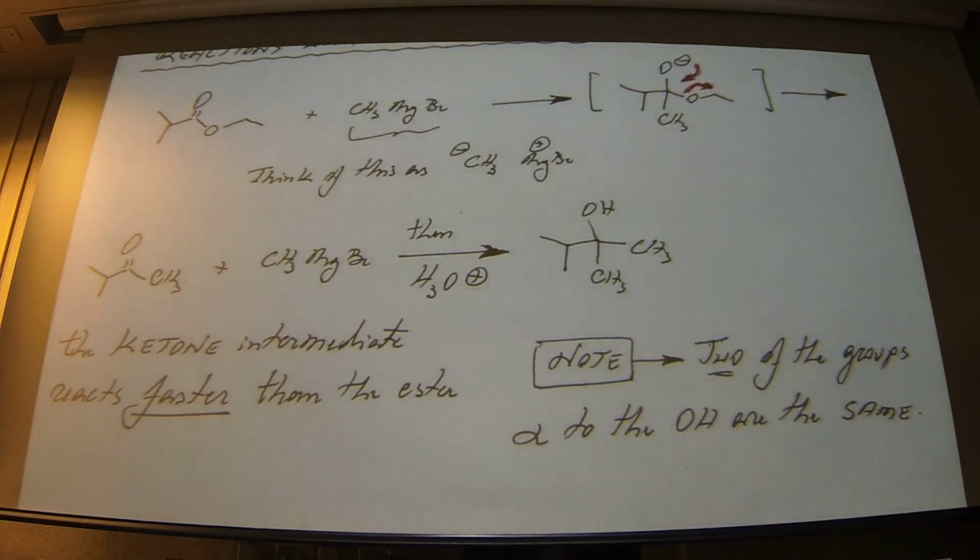Here's something you need to be able to recognize in the reverse direction. If you see a tertiary alcohol and two of the groups are identical, as they are in this example, I want the light bulb to go off in your head and you say, aha, I could have made that by a Grignard addition to the appropriate ester.